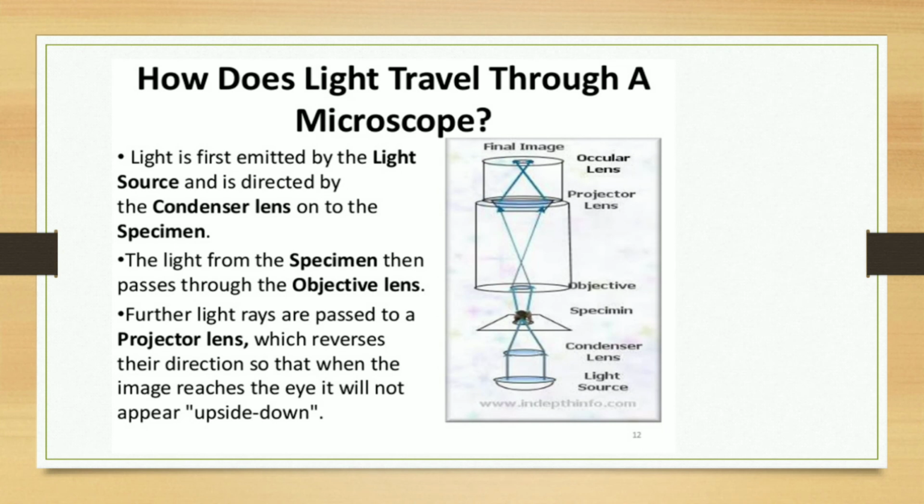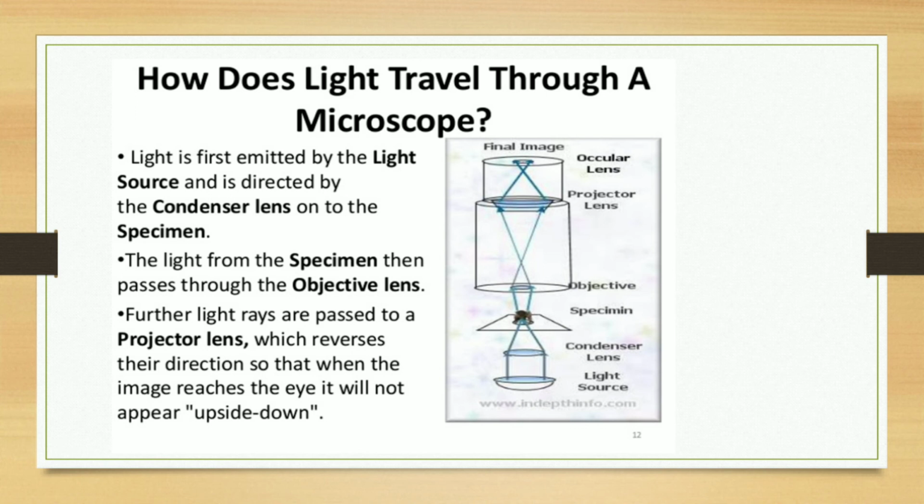So let us see how light travels through a microscope. Light is first emitted by the light source and it is directed by the condenser lens onto the specimen. The light from the specimen then passes through the objective lens.